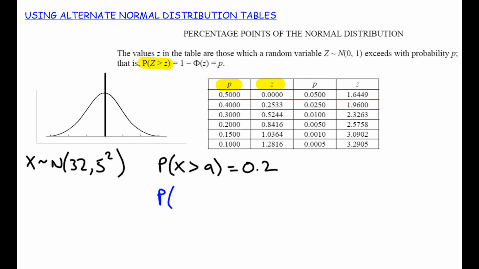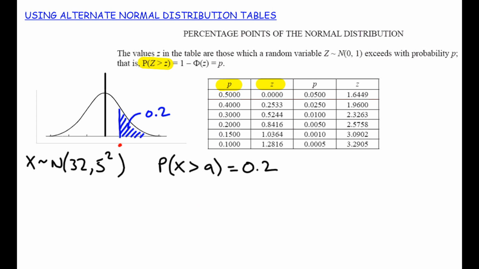So I'm working with the probability that x is greater than a minus 32 all over 5. And that probability equals 0.2.